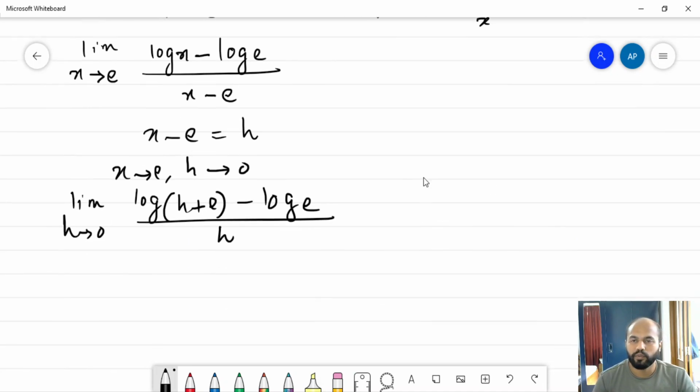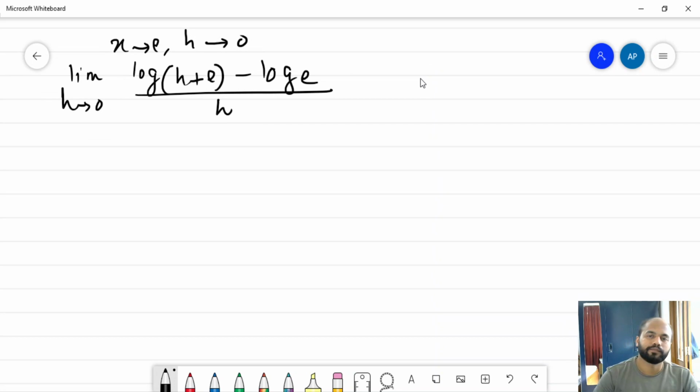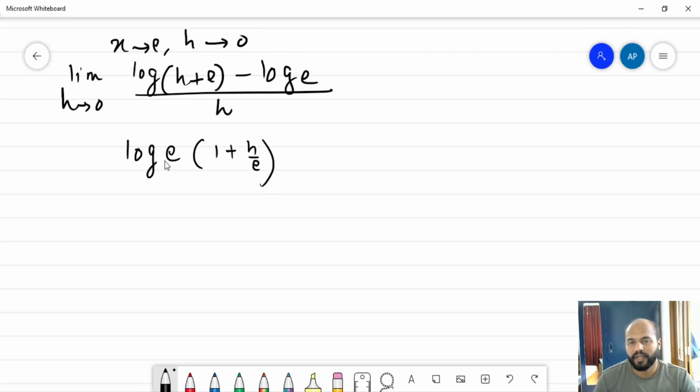Let's see what we can do in this case further. So what I'm going to do is take out this log e, and internally I'm going to write 1 + h/e, because when I multiply e inside, I'll get the same term back, that is h + e.